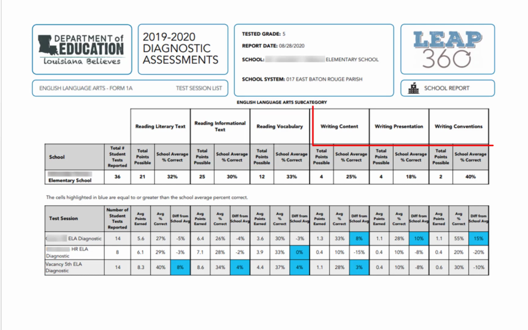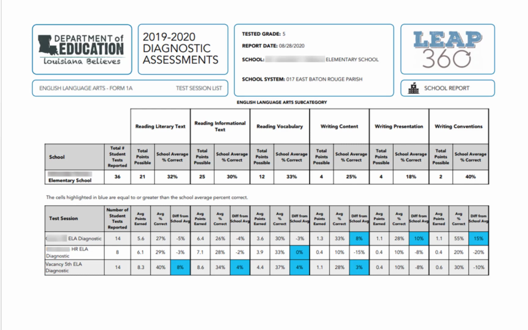And then you have your writing content, your writing presentation, and your writing conventions. Keep in mind that this part, the writing content, writing presentation, and writing conventions, is what the teacher did in educator scoring. There were 4 points available for writing content, and the average percent correct for the students at this school was 25%.